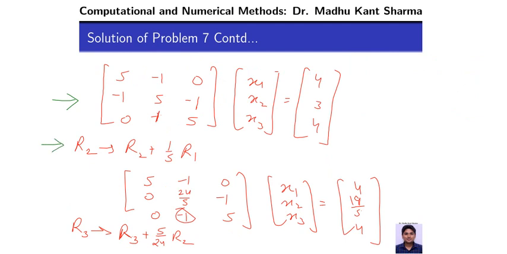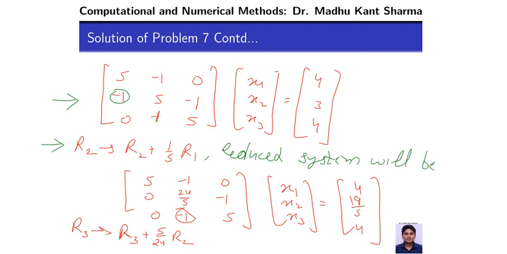will be given by this. If you apply the above step, the first row remains as it is, the second row is updated, and the third row remains unchanged. So only D2 and B2 are updated.